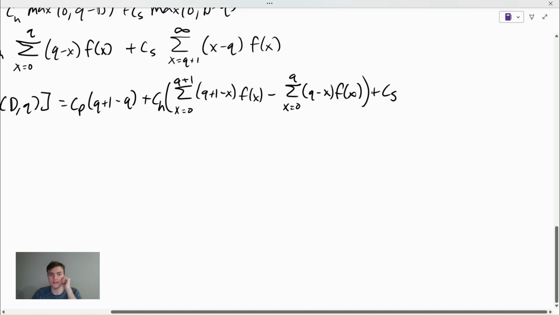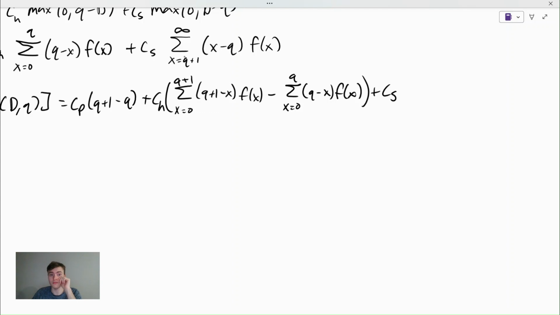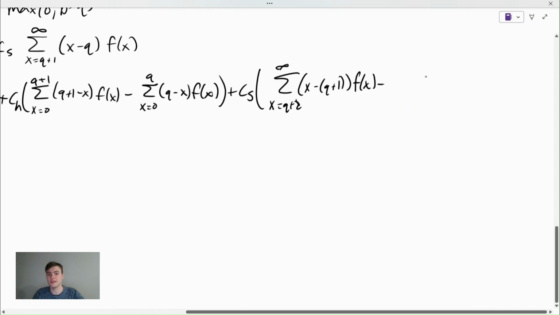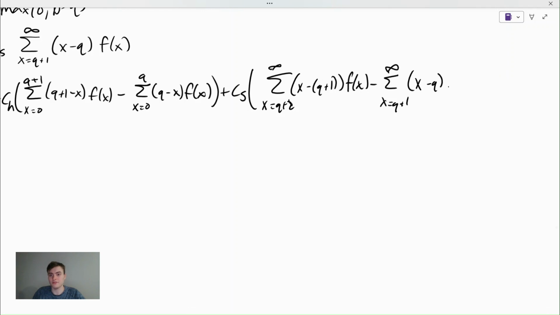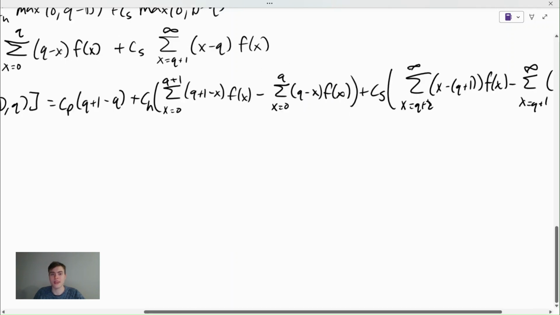Then the unit shortage cost, we're multiplying it by this thing, plugging in q plus 1 for q, and then plugging in q for q. So we have x equals q plus 2 to infinity, x minus q plus 1, f of x minus the sum x equals q plus 1 to infinity of x minus q, f of x, right?